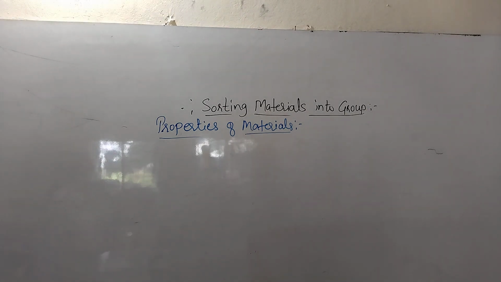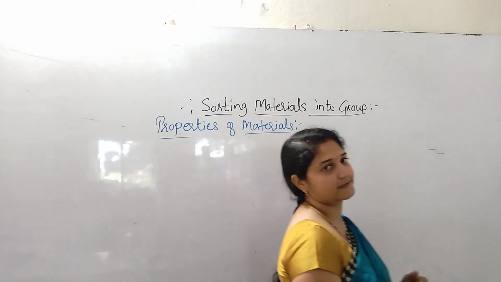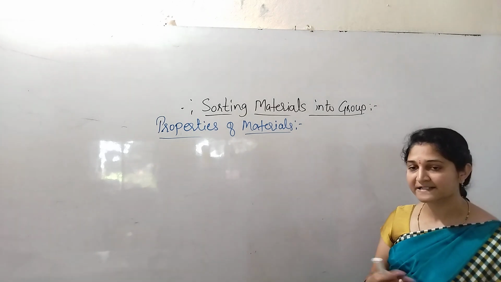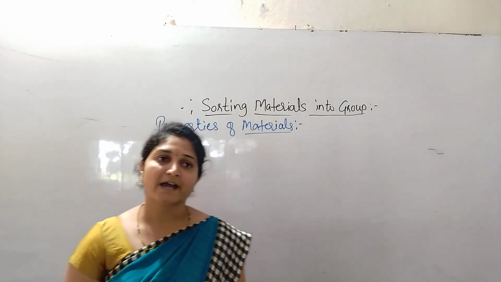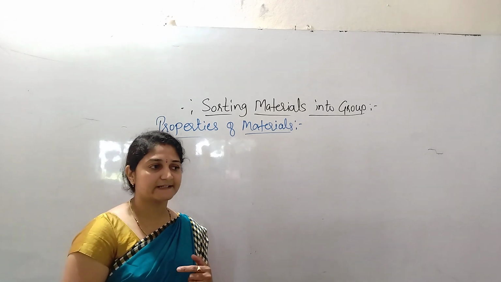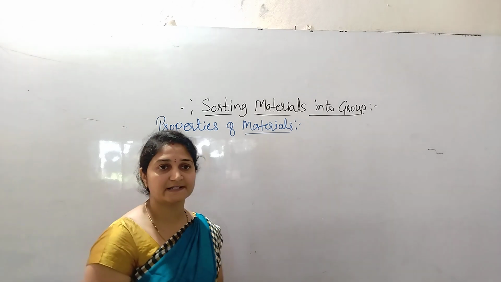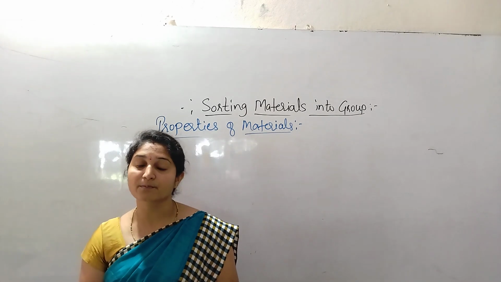What are those? Some objects are transparent, some objects are opaque, and some objects are translucent. We had seen that previously when we were discussing food, the components of food.